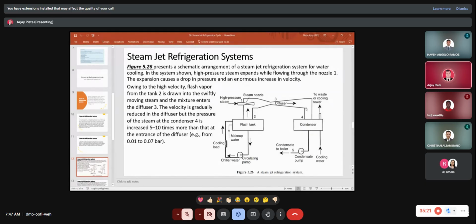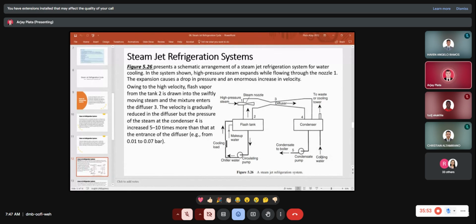So condensed water will flow here at the condenser. Then the water, the condensate, will be pumped to the boiler here, producing a high pressure steam again. And then there is a heat transfer happening at the condenser.